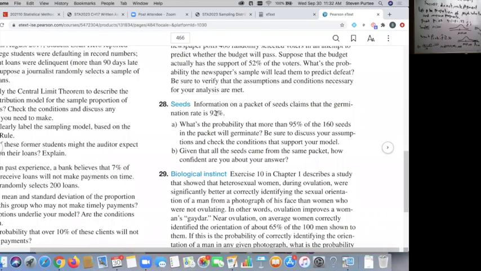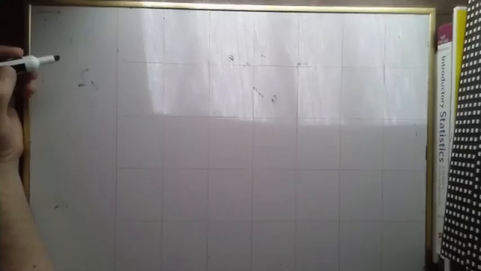Number 28. These are all problems from your book, by the way, and you have access to the book. So we've got seeds. We're told the germination rate is 92%. So the first thing we're going to do every single time, identify our population.